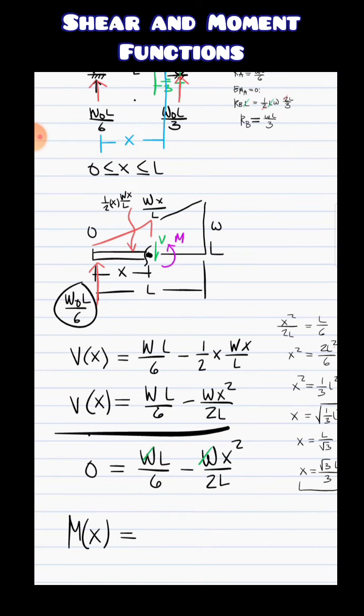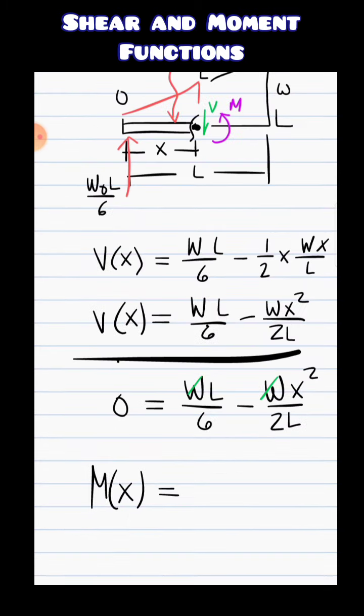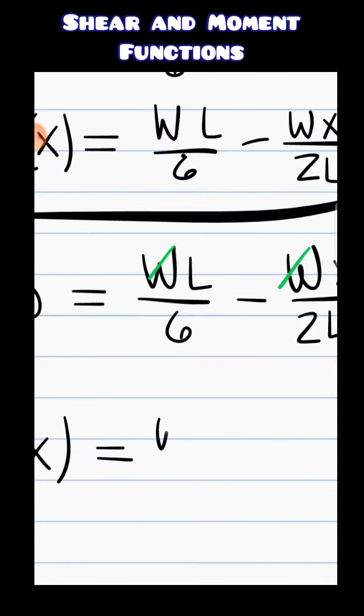So WL over 6 is positive and its moment arm is x, so it's x distance away from the cut. Here we cut here, so we take moment at this point. Its moment arm is x, so WL over 6 times x.